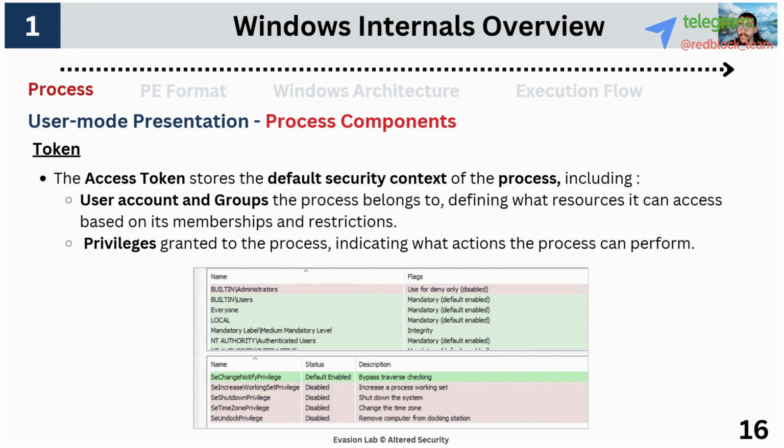The access token lists privileges granted to the process, defining what special actions it can perform. For example, only processes with the SeDebugPrivilege can access memory of other processes for debugging or inspection.